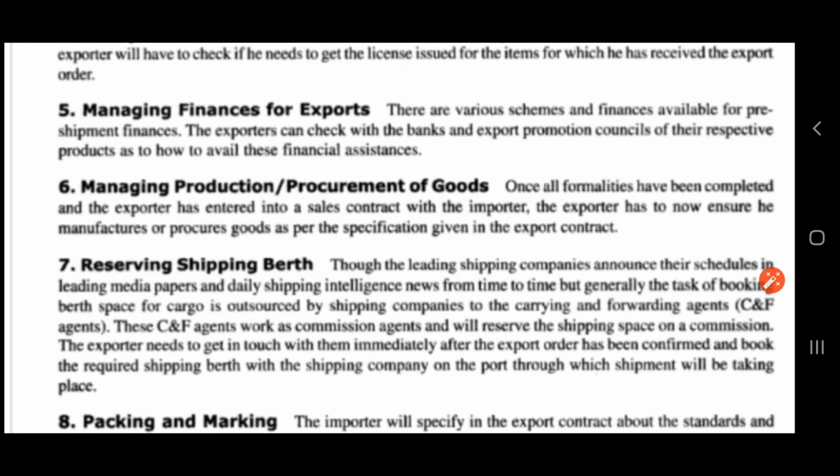Here the goods or the products should be manufactured according to the guidelines we mentioned in the invoice and in the contract. Whatever specifications we have given in the export contract should be met in this production process.